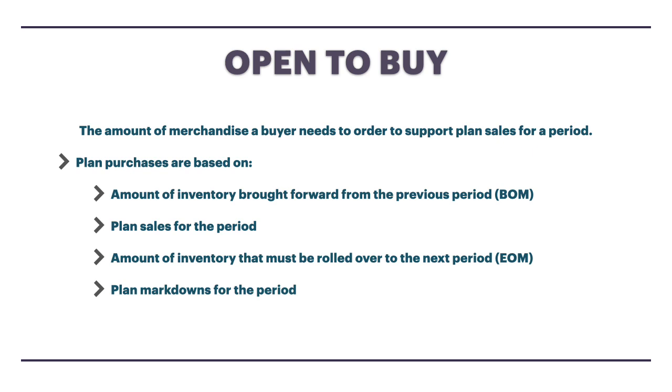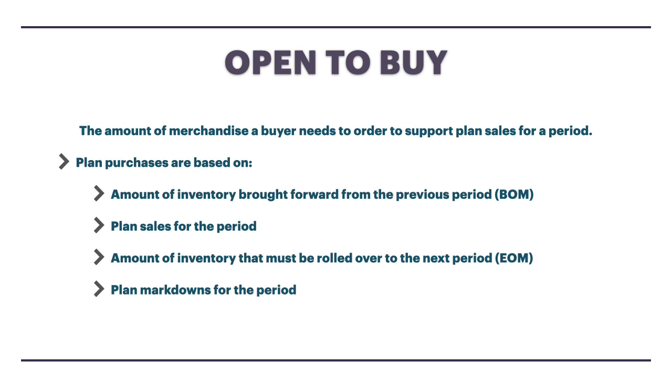A buyer is considered to have overbought or bought too much merchandise when the on order exceeds planned purchases. This can be resolved by canceling orders. Any discrepancies between the plan and the actual sales must result in open to buy adjustments to avoid having too much inventory or not enough inventory.